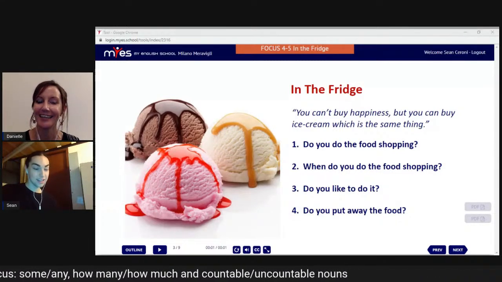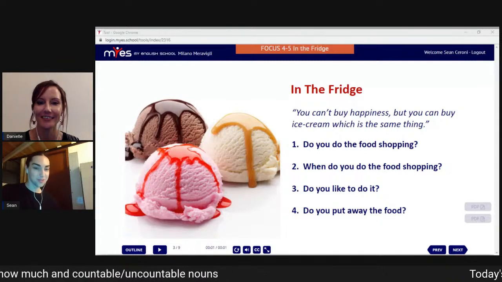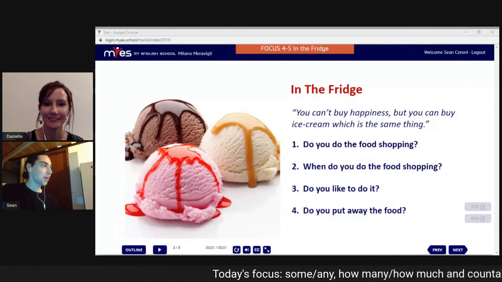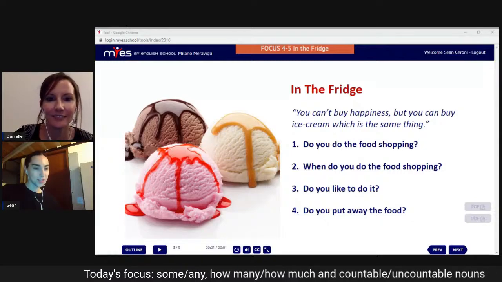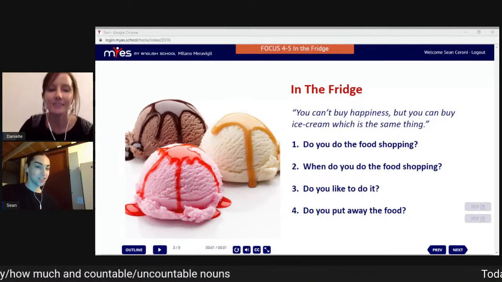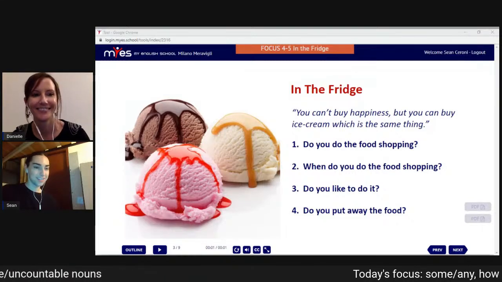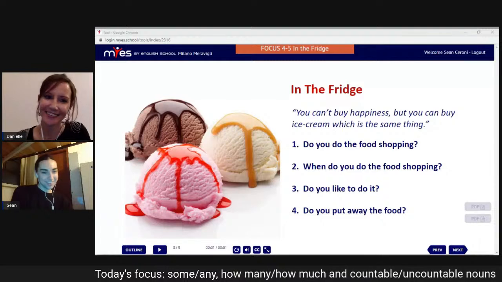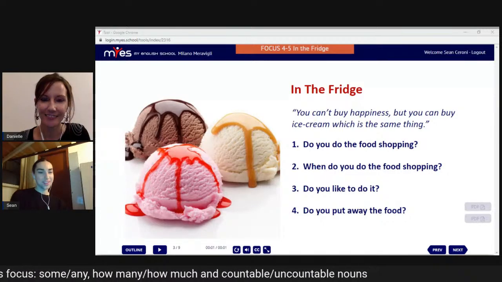And yes, again, I have to put away the food because it's just me. But I can be very lazy sometimes, and I only put away the food that goes in the fridge, and I leave everything else for later. But yeah, anyway.